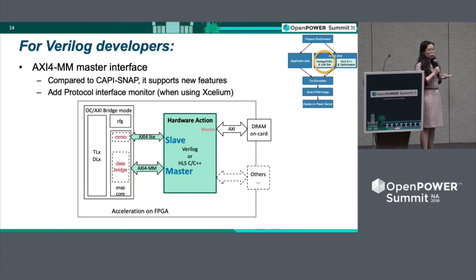Compared to the original Snap for CAPI 1.0 and 2.0, it supports new features. It even has a protocol interface monitor on this port. That means it can track your AXI transactions and check if they are complying with the protocol.